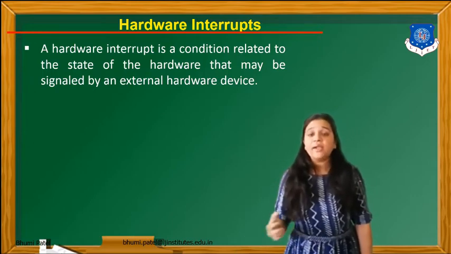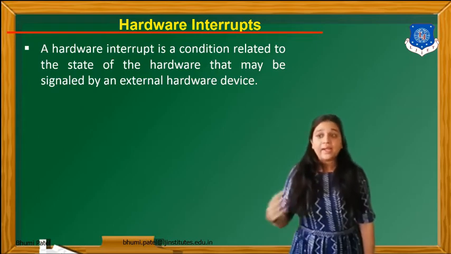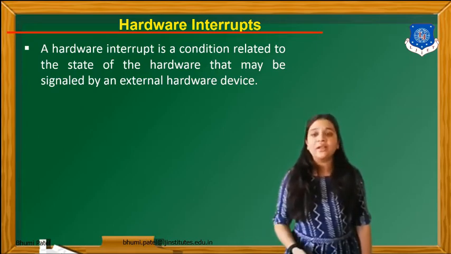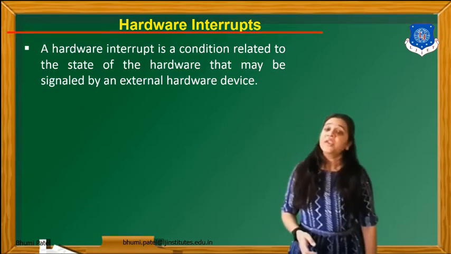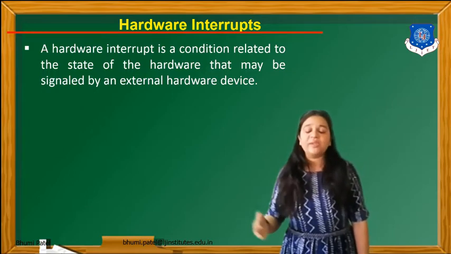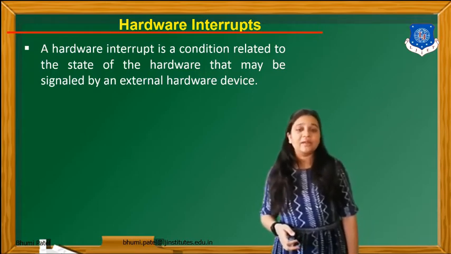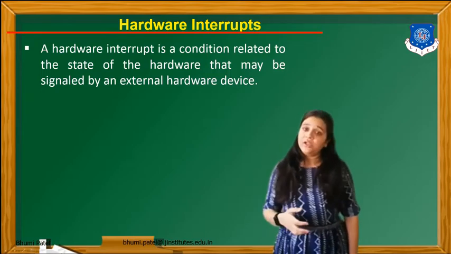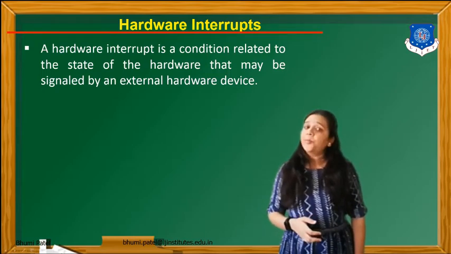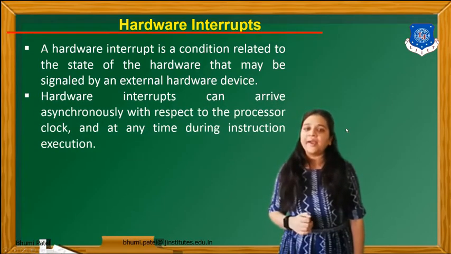If we connect the hardware to the PLC, different conditions are there: we can use the 0 and 1 state, or a continuous state, depending upon the signal from the external hardware device.